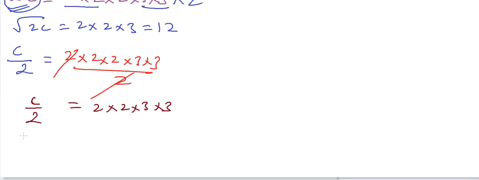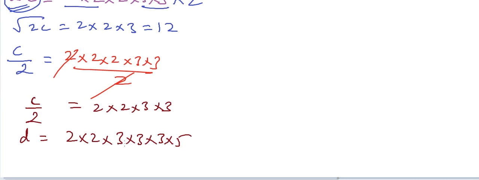Similarly, some other number, let's say d, after prime factorization is, let's say, 2 into 2 into 3 into 3 into 3 into 5. Now obviously 2 occurs 2 times, which is even, but 3 occurs 3 times, and 5 occurs 1 time.